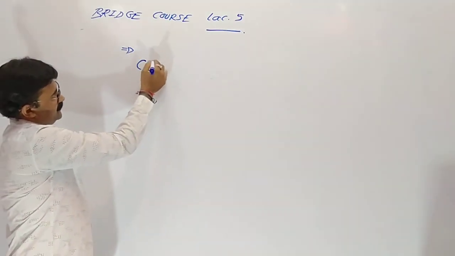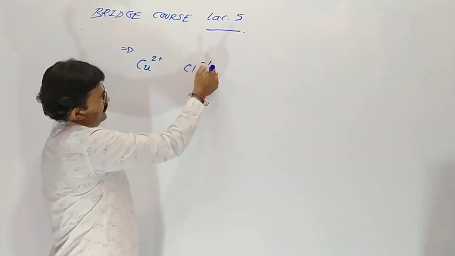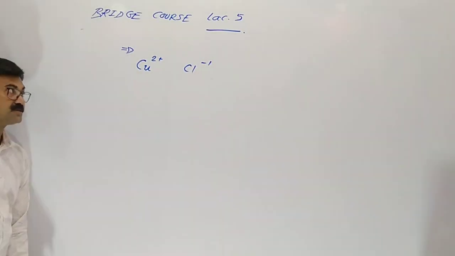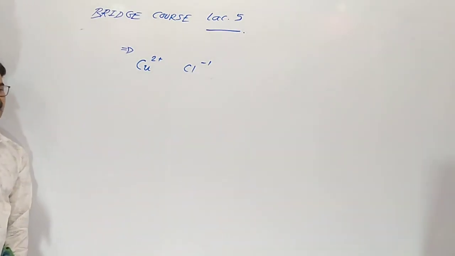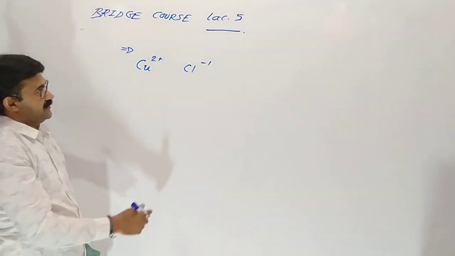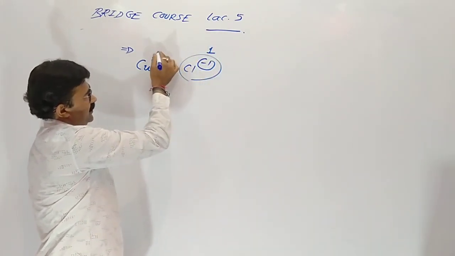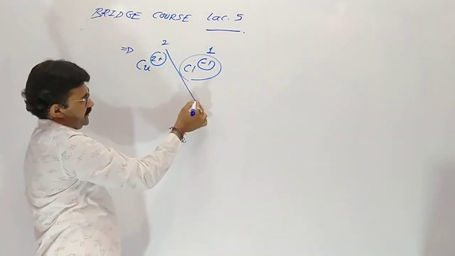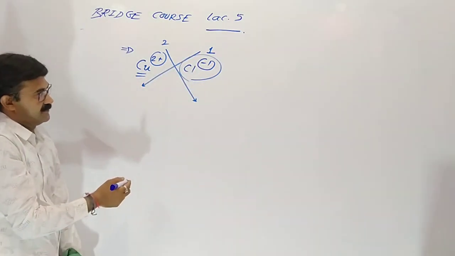Here Cu2 plus and Cl minus. So Cu2 plus means cupric. This one is chloride. So here 1 and here 2. 2 multiplies to chloride, 1 multiplies to cupric.